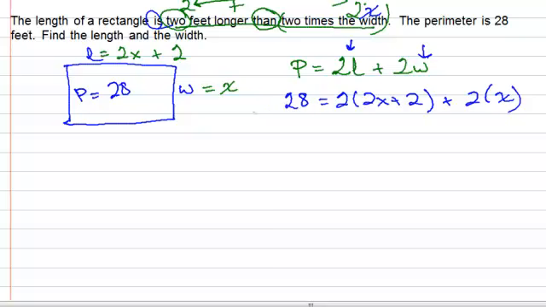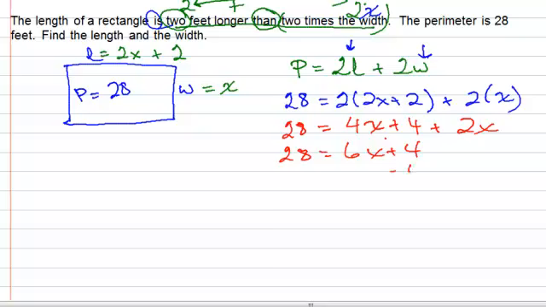So I'm going to go through this pretty quickly. 28, use the distributive property. Combine like terms. Subtract out the constant. Divide out the coefficient.